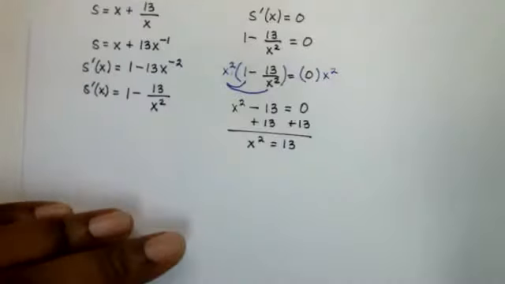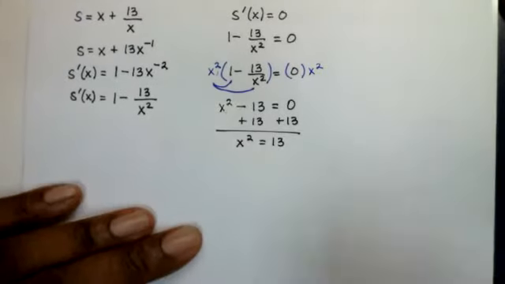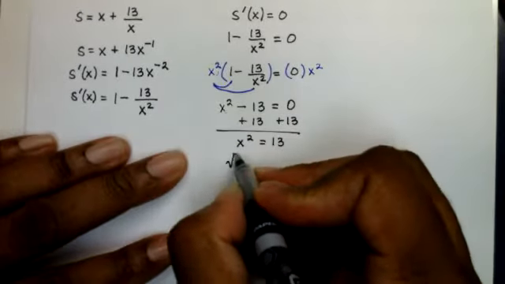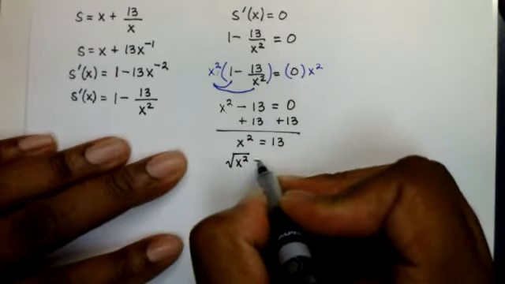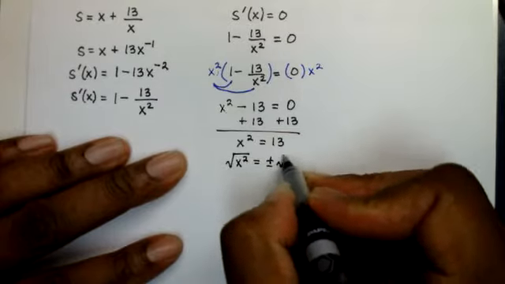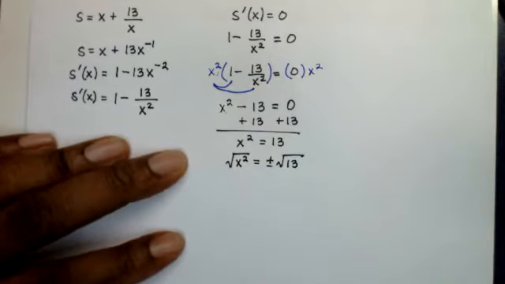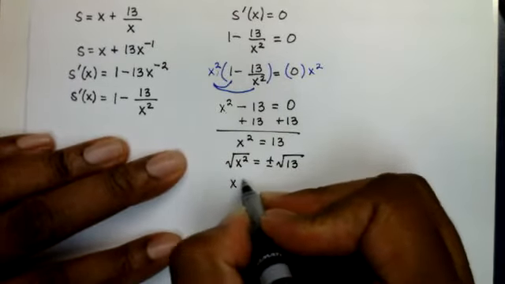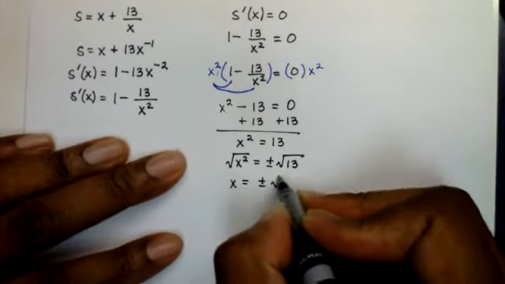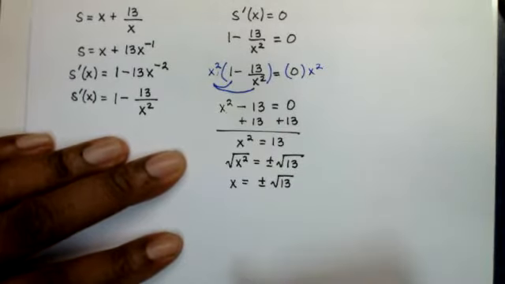And now to solve for X, I'm squaring it, so I take the square root on both sides, and I do include that plus or minus symbol when you take the square root on both sides. So that means I'm going to have X is equal to plus or minus the square root of 13.